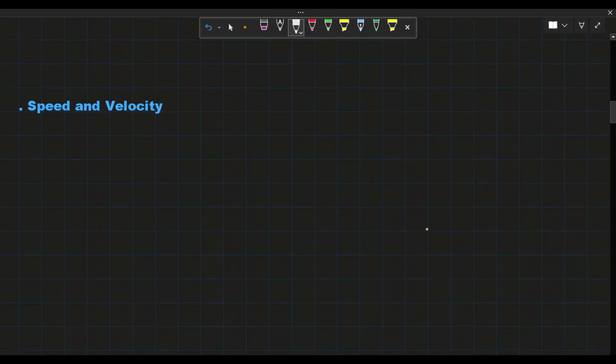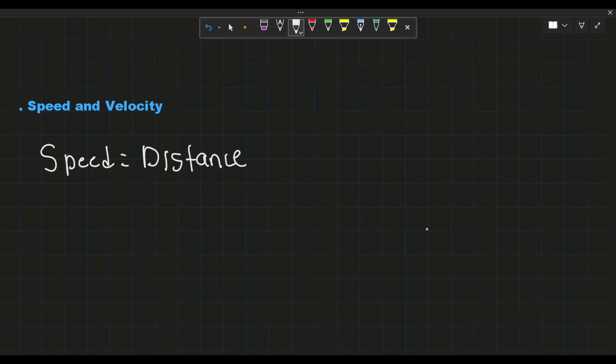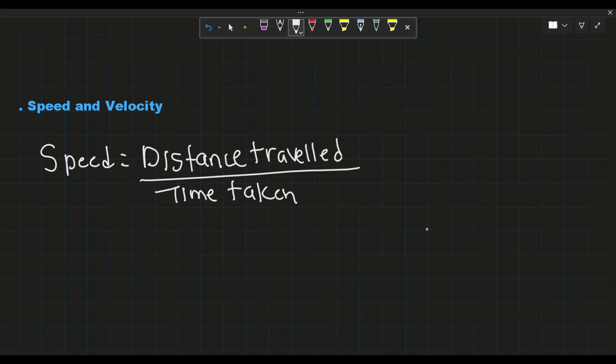Moving on to speed and velocity. We all know speed is the distance traveled upon the time taken. And an important conversion which you need to keep in mind is that 1 km/h is equal to 5 by 18 meter per second.